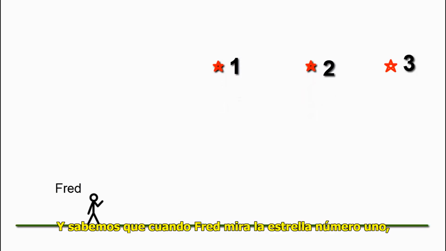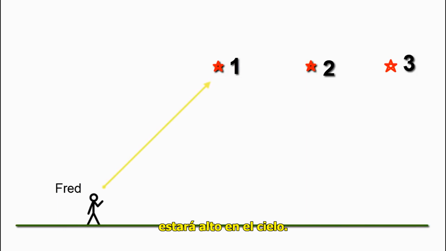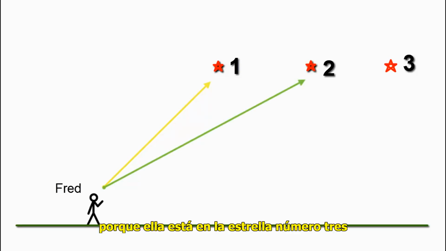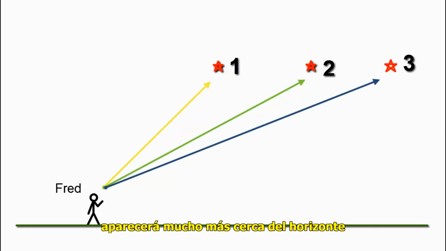And we know that when Fred looks at star number 1, it's going to be high in the sky, a high altitude. And star number 2 is going to appear lower because it's further away. And star number 3 is going to appear much closer to the horizon because it's even farther away from Fred.